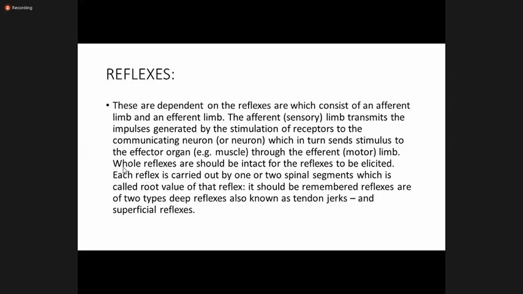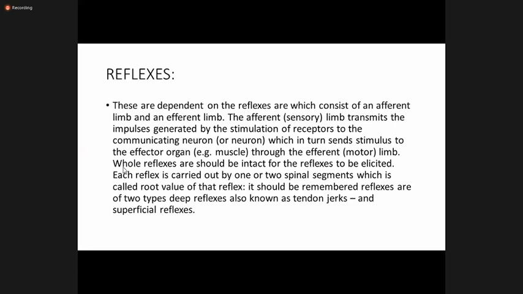The afferent sensory limb transmits the impulse generated by stimulation of the receptors to the communicating neurons, which in turn send the stimulus to the efferent organ, the muscles, through the efferent motor limb. All components should be intact for the reflex to be elicited, so the sensory and motor both should be intact. Each reflex is carried out by one or two spinal segments, which is called the root value of that reflex.